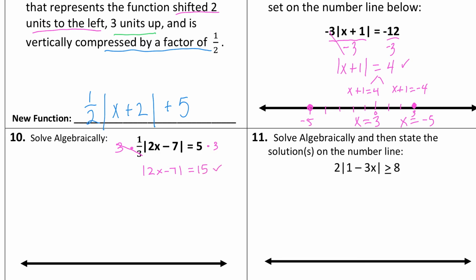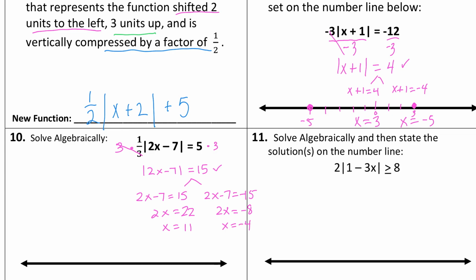It does equal a positive, so now we can split it. 2x minus 7 equals 15, and 2x minus 7 equals -15. You would add 7, so 2x equals 22, and then divide by 2, x would be equal to 11. If you add 7 here, you would get 2x equals -8, and then divide by 2, x equals -4.